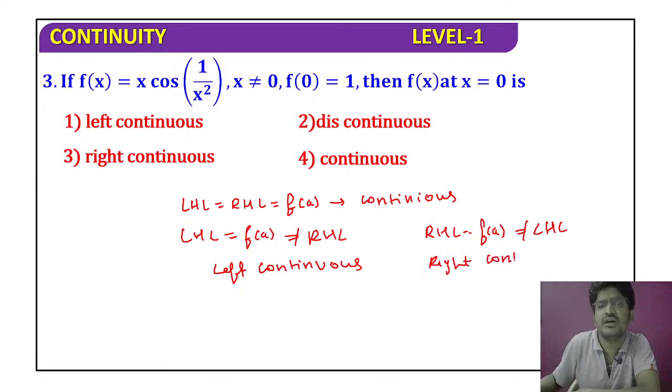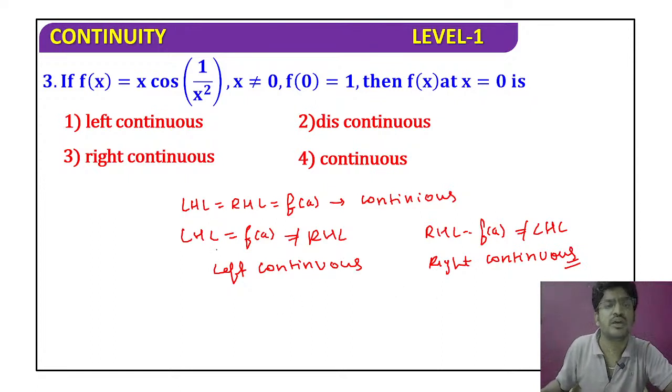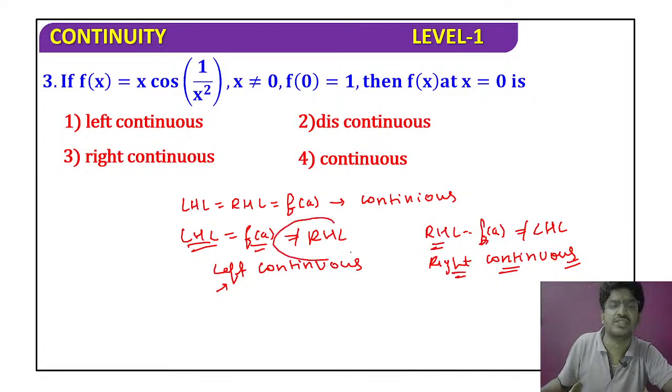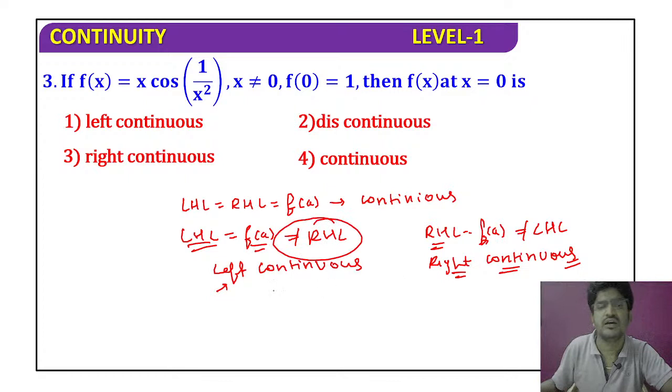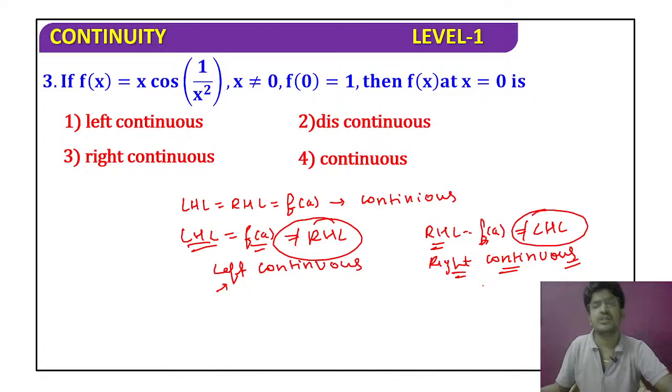You may not have studied these things, no problem, but you can just go through it. If LHL is equal to f of a, that is left continuous. If RHL is equal to f of a, that is right continuous. In left continuous, the RHL term will be different. In right continuous, the LHL term will be different. So you have to be careful about left continuous and right continuous. If you know that concept, you can go through this problem.